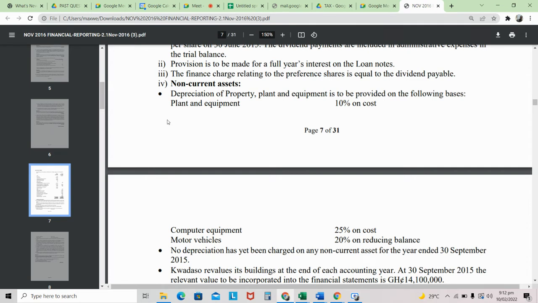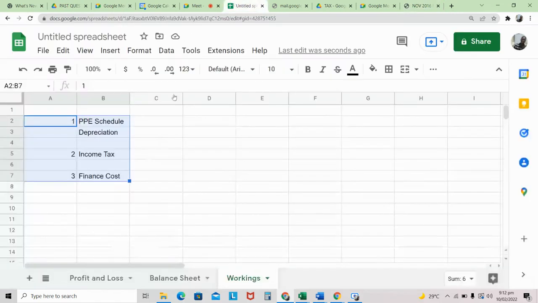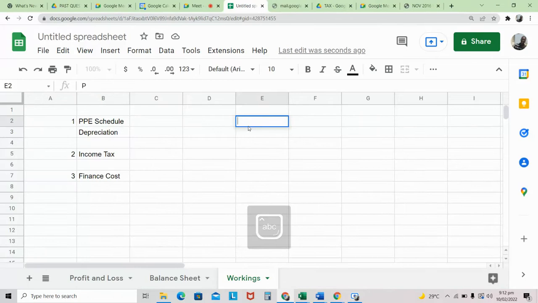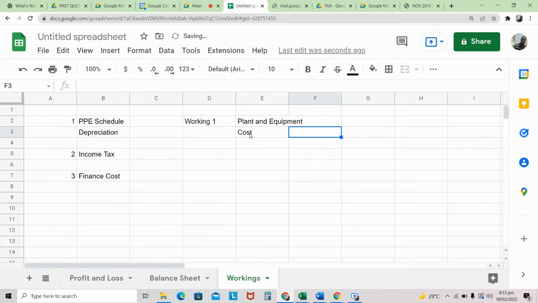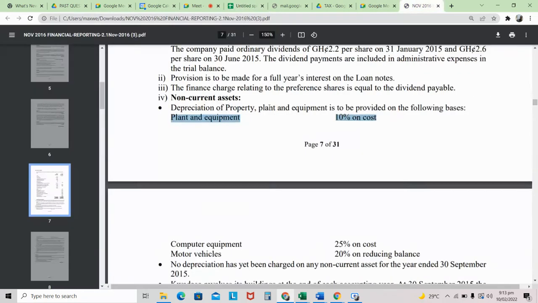Okay, so we have to take the assets one by one and find their carrying amount. So let's start with plant and equipment. Now, what is the cost of our plant and equipment?